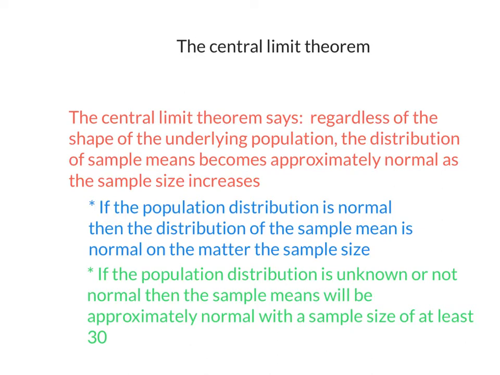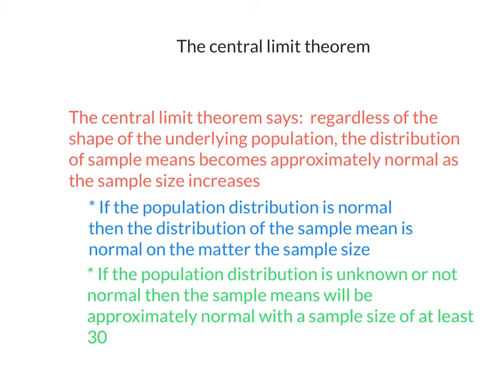So this encompasses the entire central limit theorem. We can apply that to what we talked about last video, which was finding probabilities. But instead of finding the probability of, let's say, one person being taller than 70 inches, we could find the probability of a sample being taller than 70 inches.